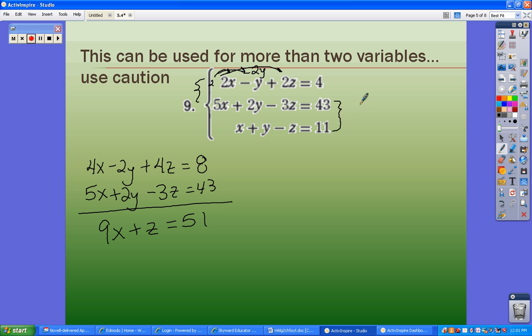Okay, so now if I can look at these bottom 2 equations, and if I can get rid of the y again, then I can have a new system of equations. So that's what I'm going to do. I have 2y here. I'm going to change this to a negative 2y, so I can eliminate the y's again. So I have 5x plus 2y minus 3z equals 43. And now I'm going to have negative 2x.